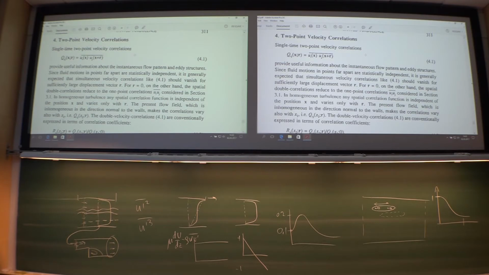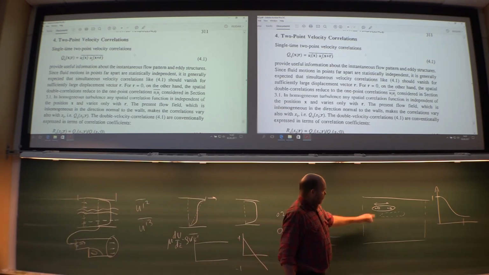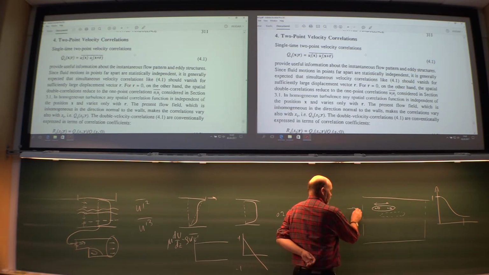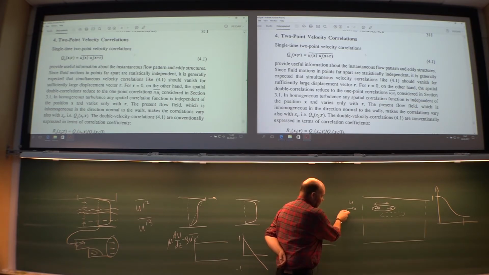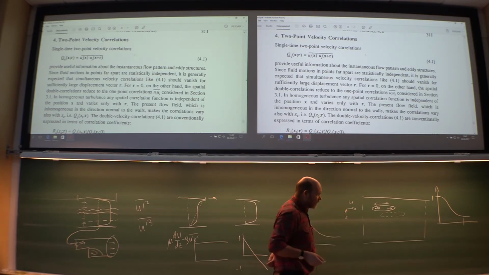So that will be the correlation in the streamwise direction with the velocity in the streamwise direction. Then you can create a correlation with the velocity in that direction, but the deltas you are looking at will be in that direction.